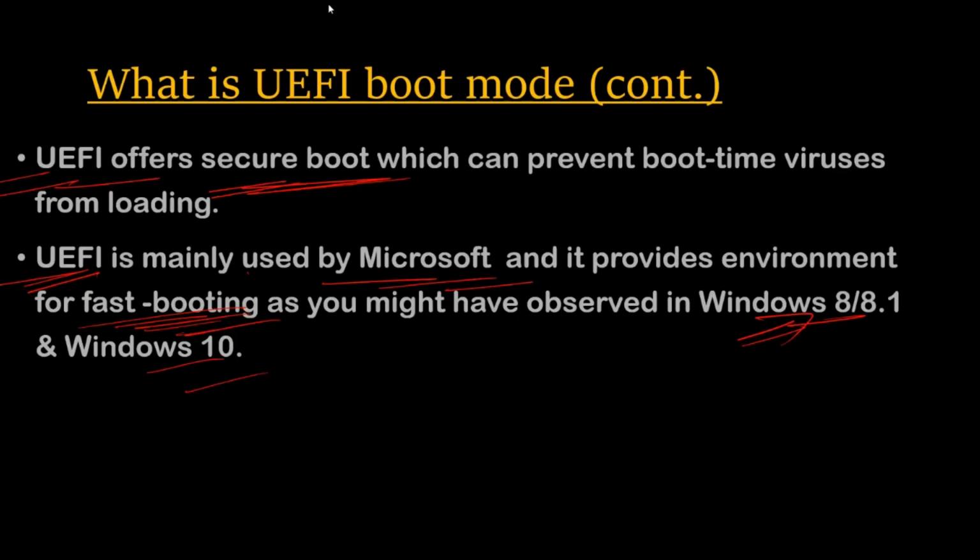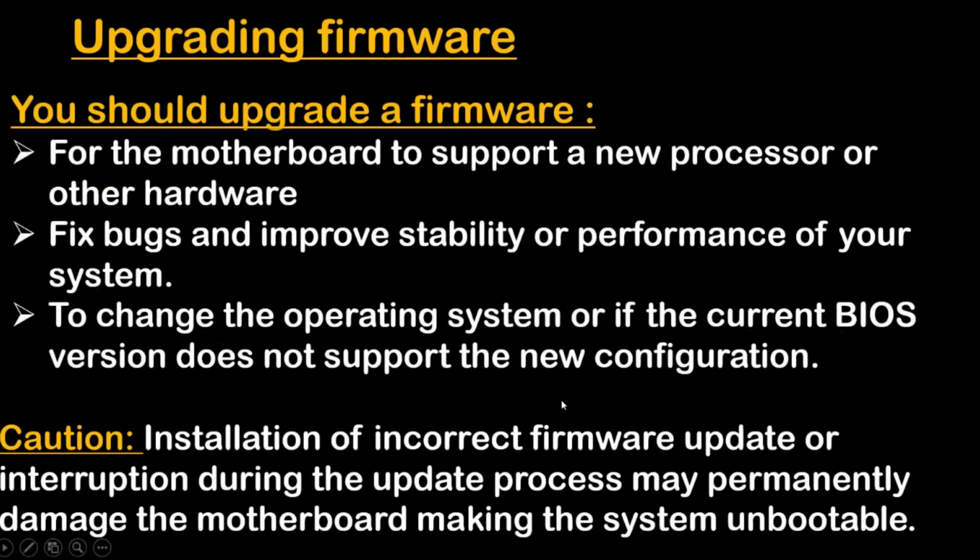So after that, upgrading firmware means upgrading BIOS. If you want to upgrade BIOS, the first thing is why we should upgrade the BIOS. Right? We have some conditions, like for the motherboard to support a new processor or other hardware, we can upgrade the BIOS, we can upgrade the firmware.